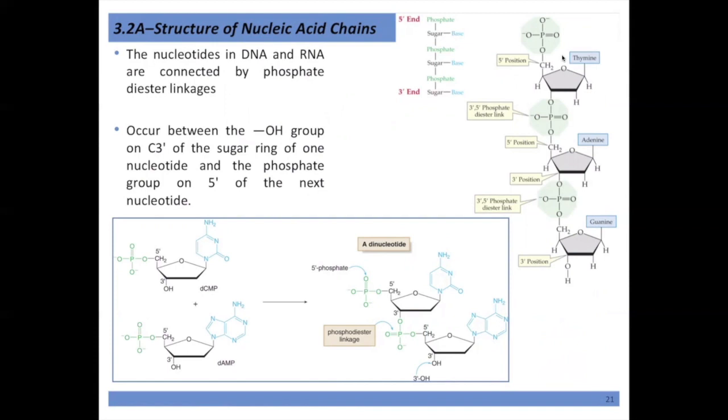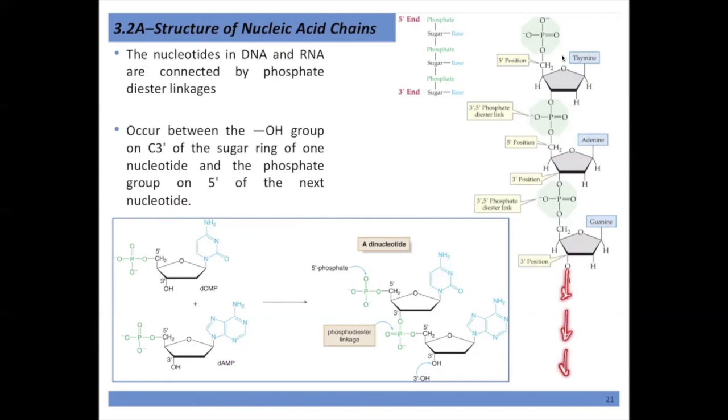And so we connect from the 3' hydroxy group to a 5' phosphate there. So what we see is the phosphate is found in between the 5' position and the 3' position. Now, when we make DNA, we tend to make it from the 5' end towards the 3' end. So we're actually adding new nucleotides on in this direction.